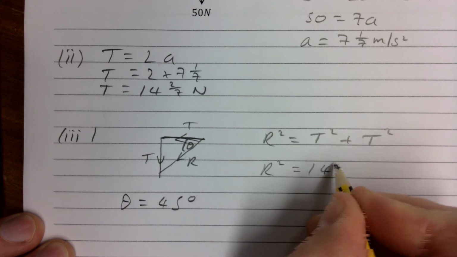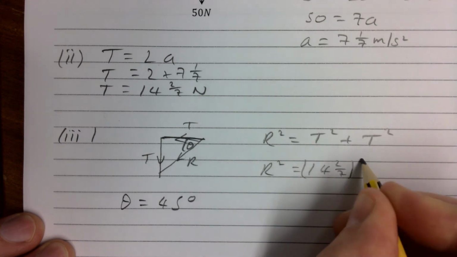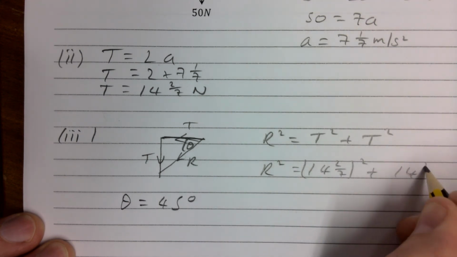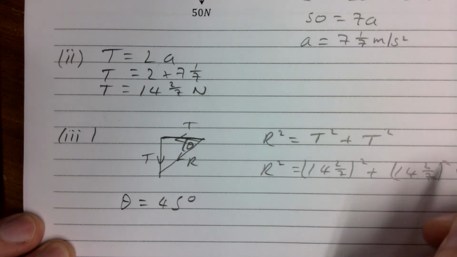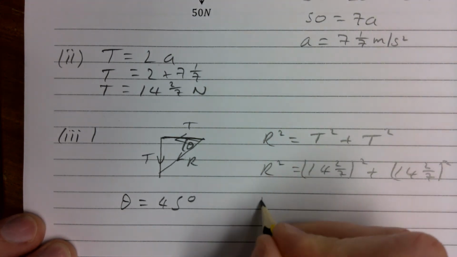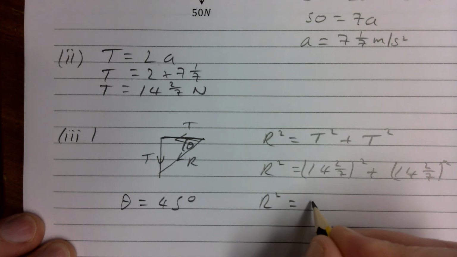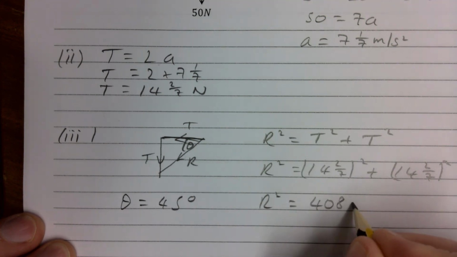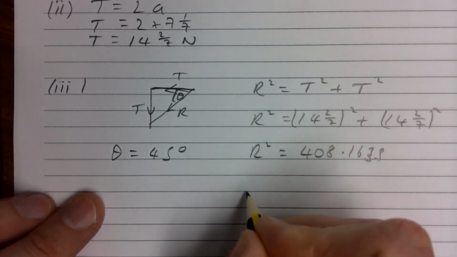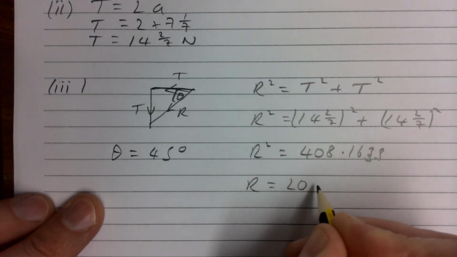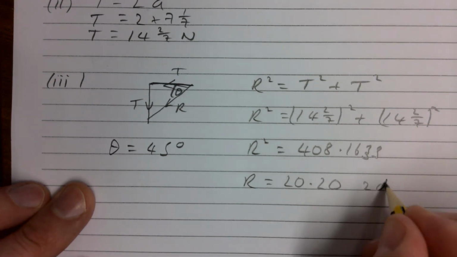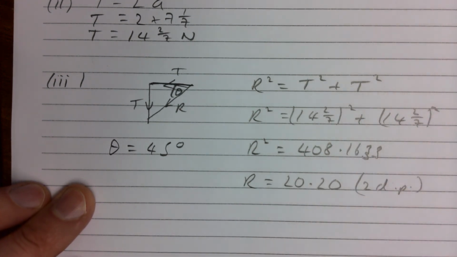R squared is 14 and 2/7 squared plus 14 and 2/7 squared. R squared, I believe, comes out to be 408.1633 if you put that in your calculator, and that means our R then is 20.20, to 2 decimal places.